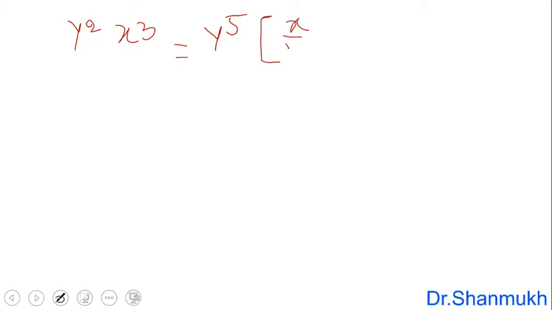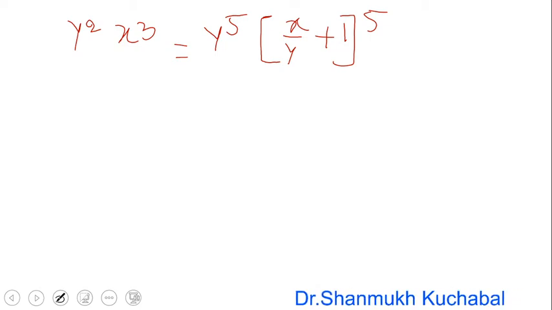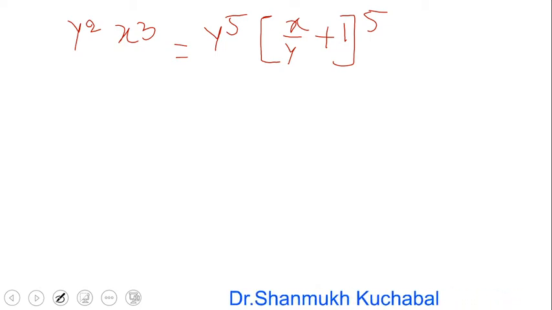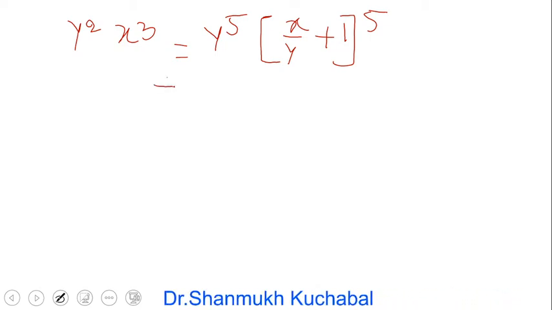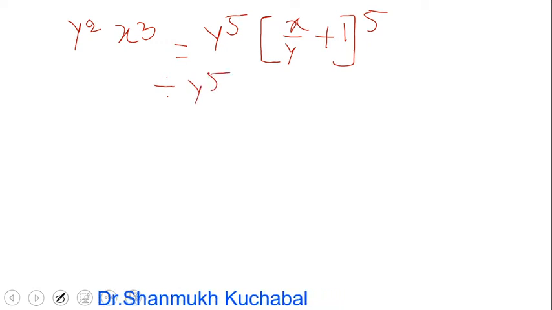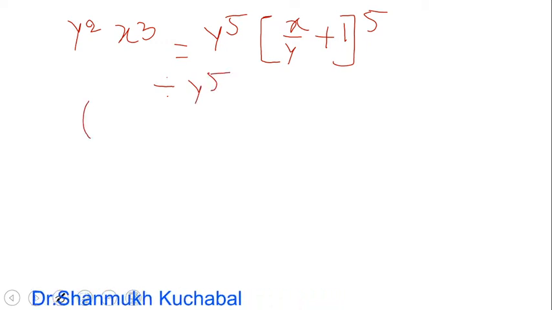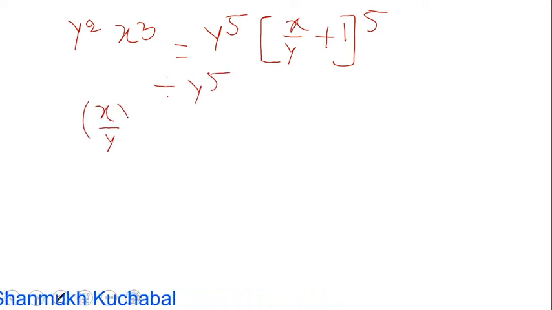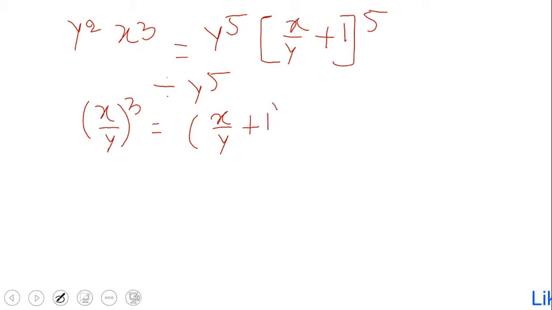So we get x by y plus 1 raised to 5 over here. So further, throughout this equation we divide by y raised to 5, we get x by y raised to 3 equal to x by y plus 1 raised to 5 over here.